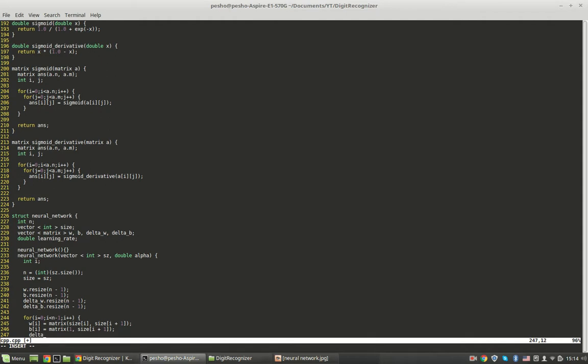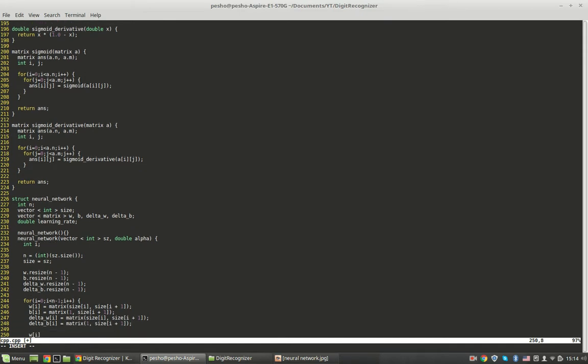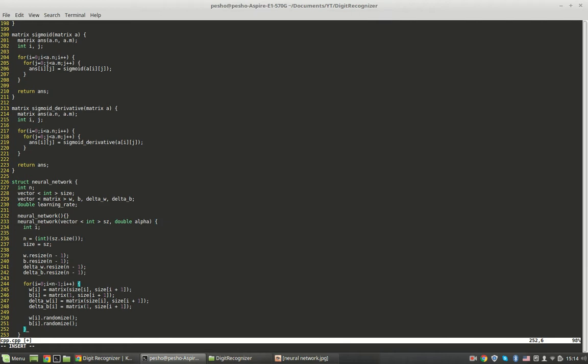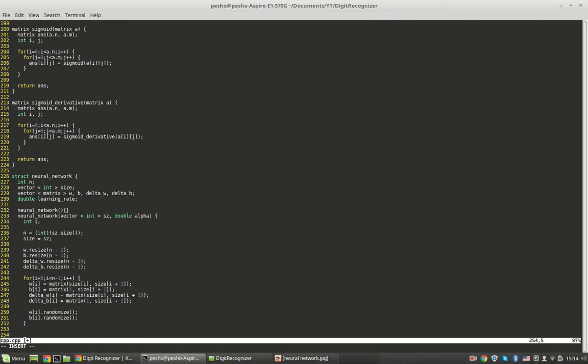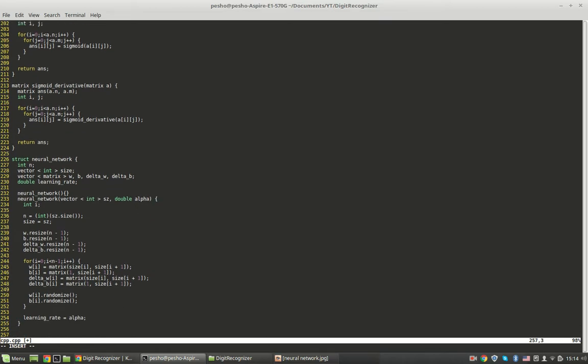Same thing for the delta matrices. And we also want to randomize the weights and the biases. And let's not forget the learning rate, which is actually very important.